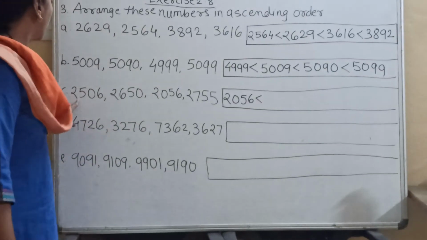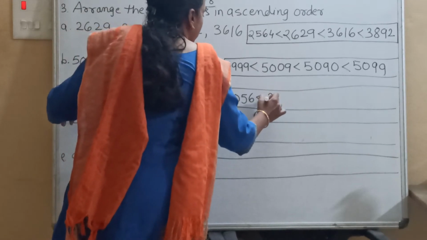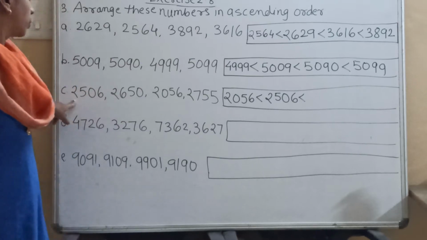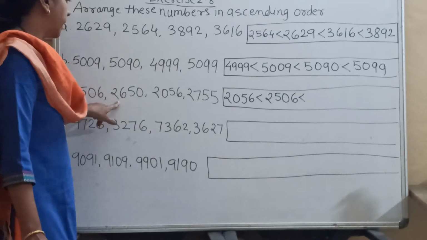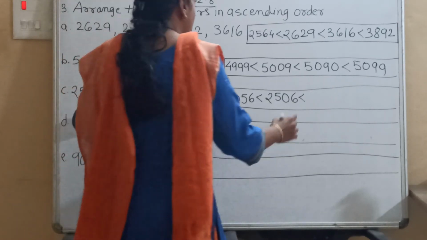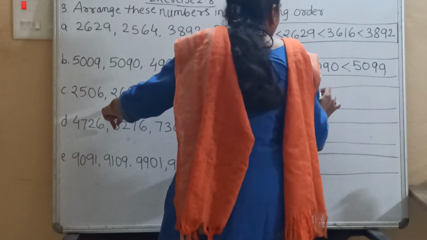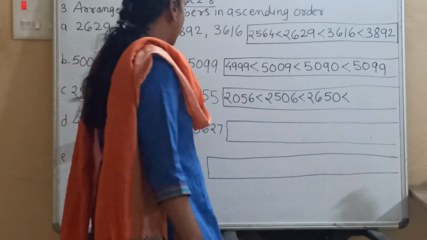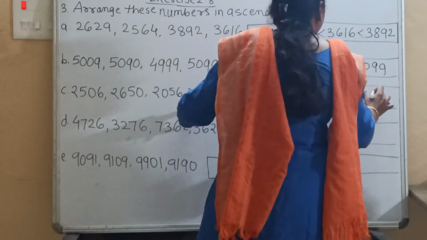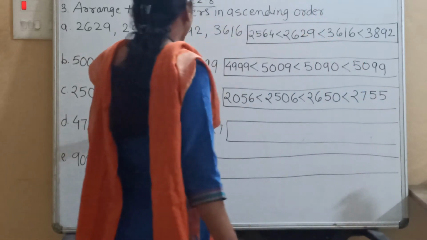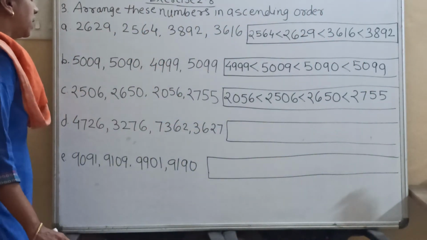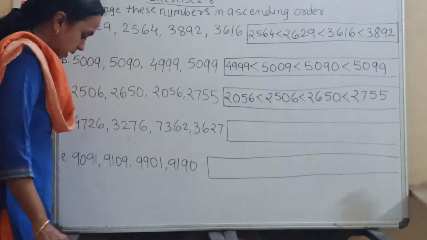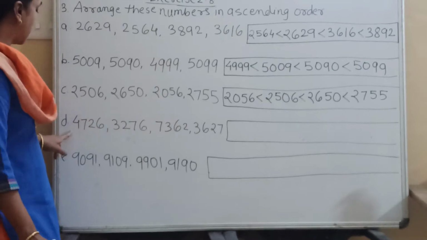Then 2650. Then bigger than this, 2755. So in ascending order we have written all these numbers.